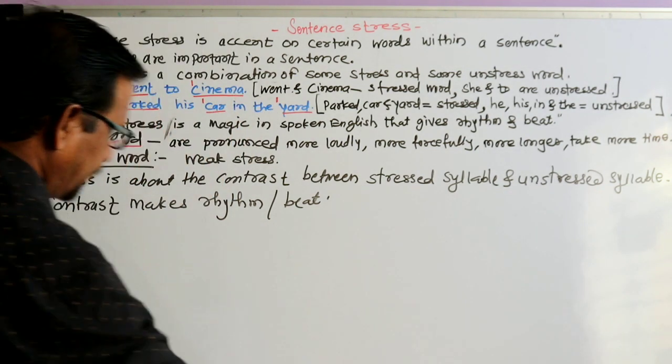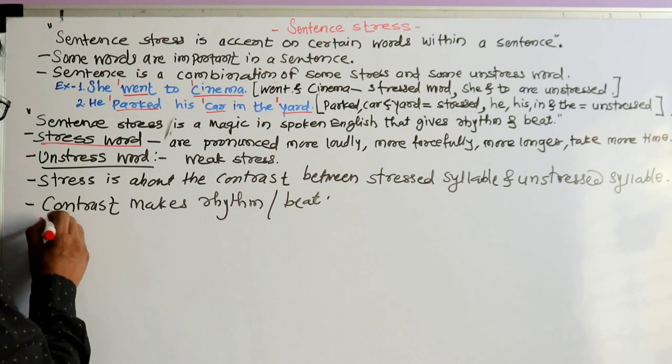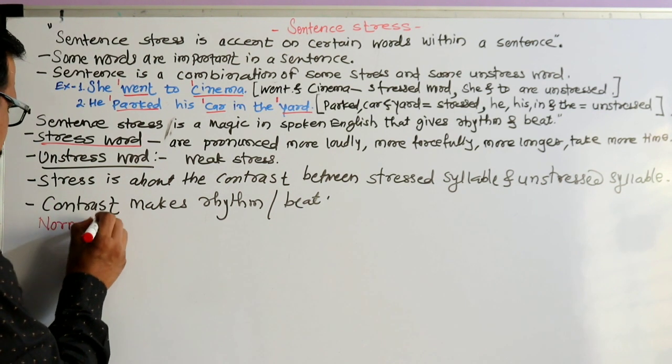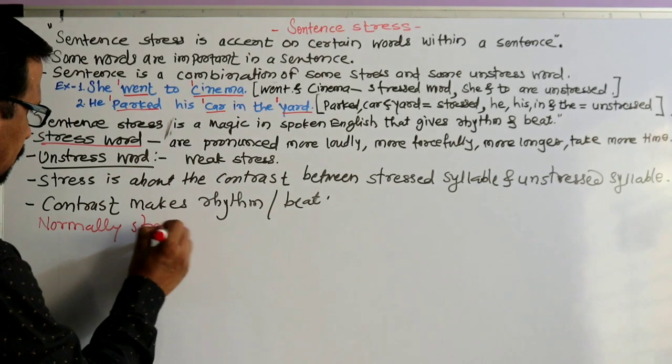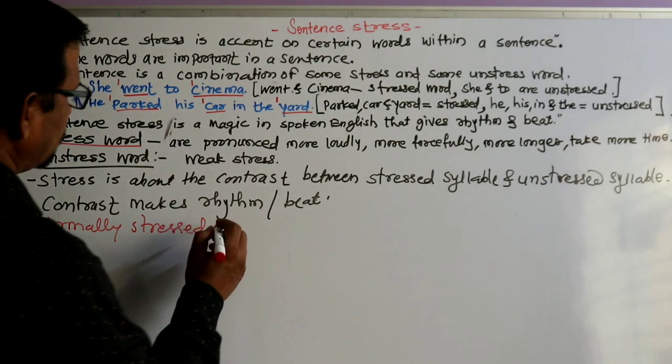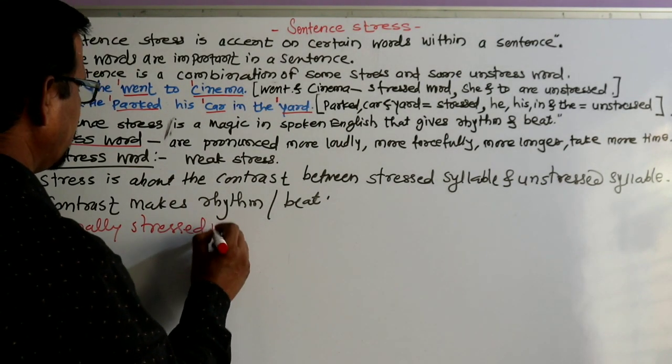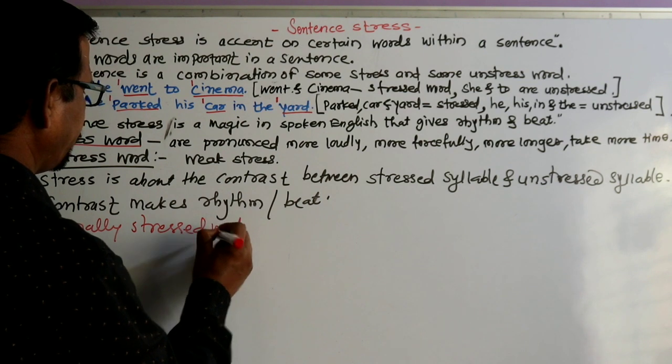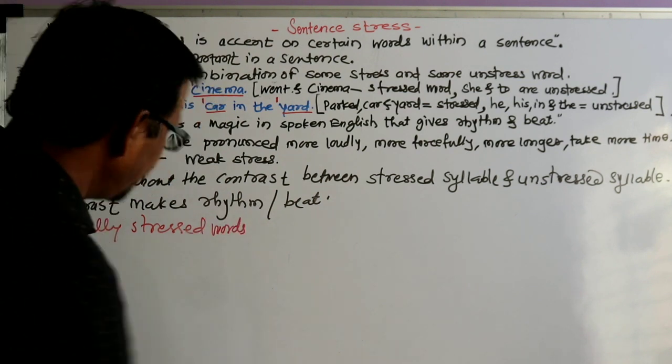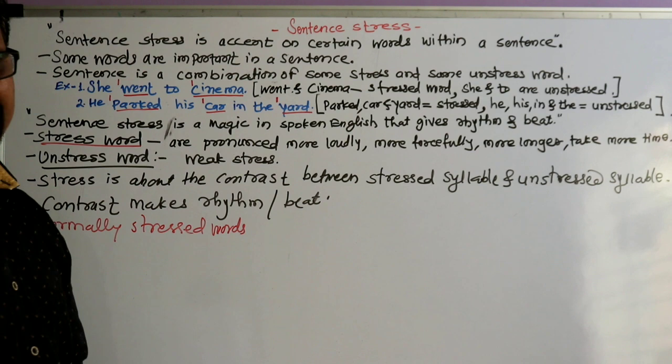So normally we can say which words are traced and which words are not traced. Which words are normally traced there?